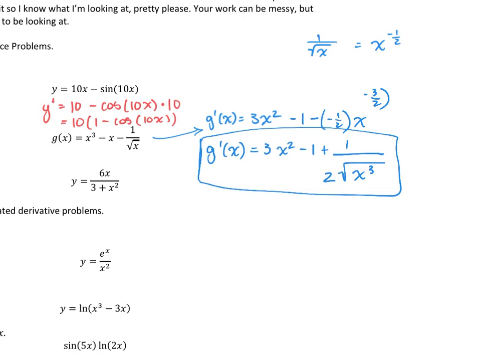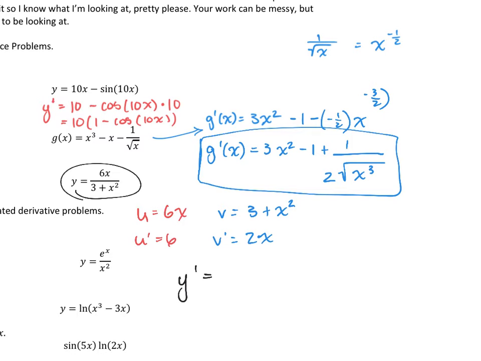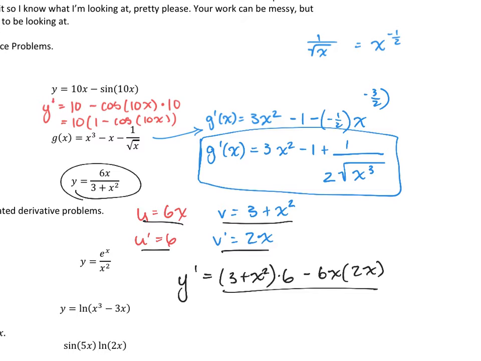This one, we're going to have to do the quotient rule on. So I'm going to write that out, and we're going to get u is equal to 6x, u prime is 6, v is 3 plus x squared, v prime is 2x, and so the quotient rule would give us y prime is v, so 3 plus x squared times u prime, 6, minus u, which is 6x, times 2x, u times v prime, all over v squared, so 3 plus x squared, squared.